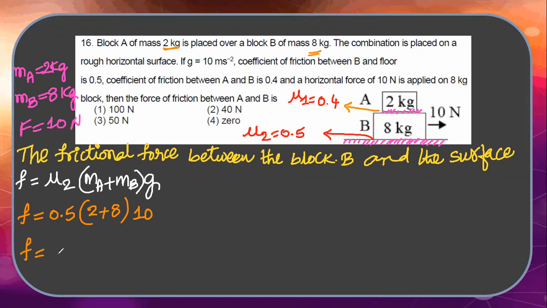So F is equal to 0.5 into 10 into 10, which is 5 into 10. Therefore, the total frictional force acting on the system is 50 newtons.